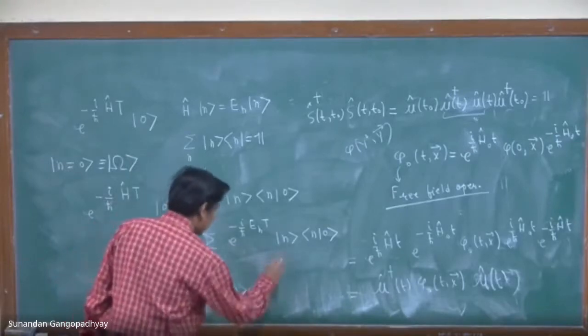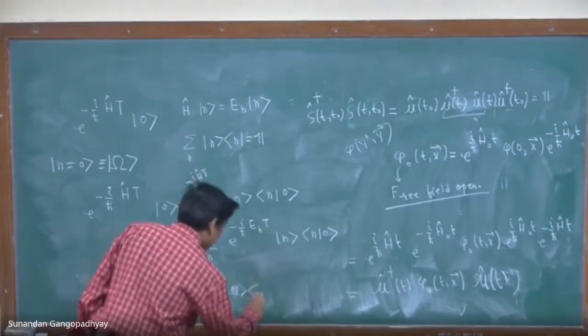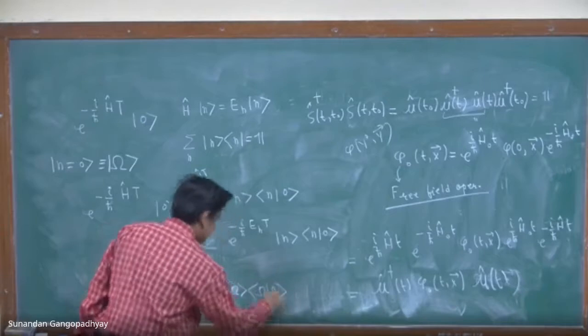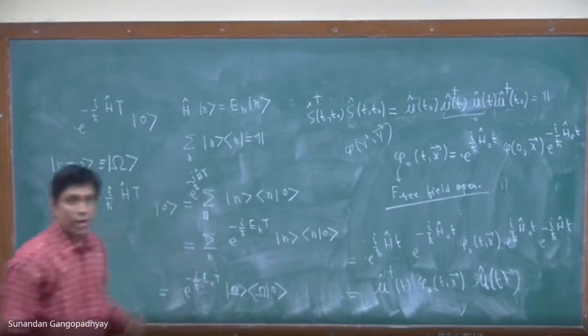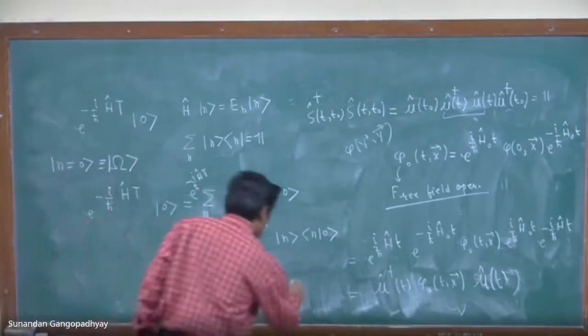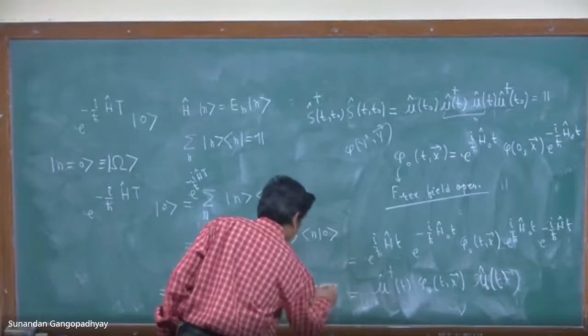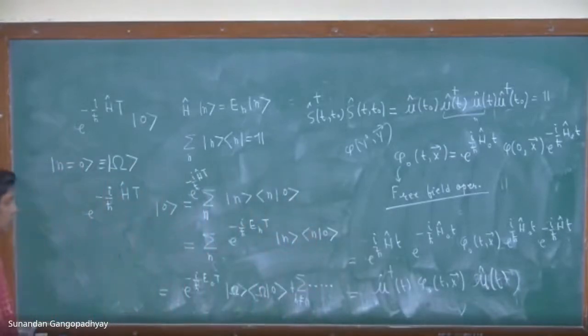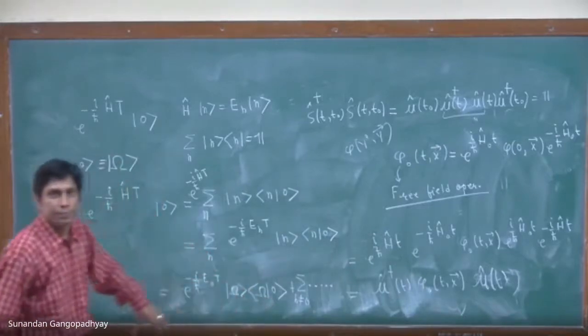So this is nothing but n is equal to 0 means omega, then omega 0. So that is what the n is equal to 0 term is. And then we have terms where n is not equal to 0. The same thing with n not equal to 0.